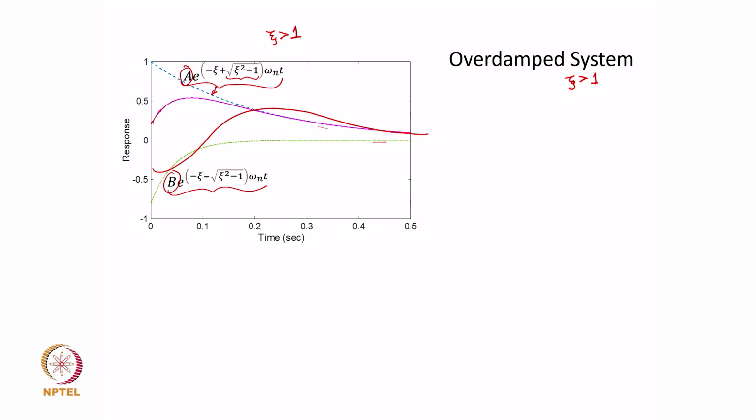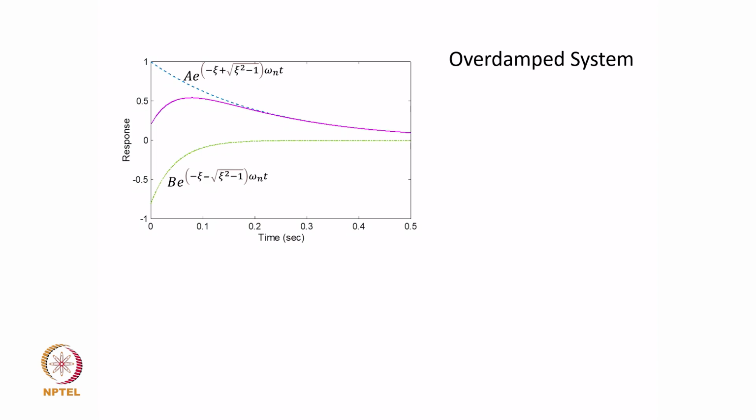So, in fact, overdamped systems are very sluggish systems, in the sense that when they are perturbed initially at t equal to 0 from their mean equilibrium position, the response comes back to the mean equilibrium position only after a long period of time, right. So, that is one of the major issues, that we cannot have a system coming to rest after a long period of time after being disturbed from its equilibrium position.